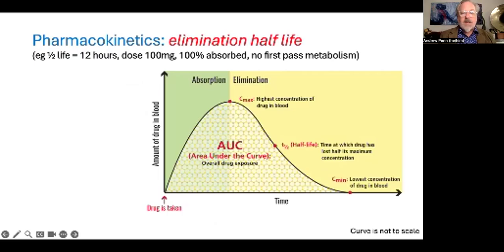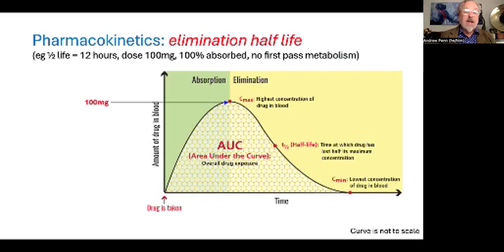So let's take an example that introduces the idea of half-life. So half-life is the amount of time it takes for the amount of drug in the body to be reduced by 50%. So in this case, we'll make a very clean example. We'll say a drug with a 12-hour half-life that has a 100 milligram dose that is 100% absorbed and has no first pass metabolism, which would be a very uncommon drug, but we'll run with it for purposes of this example.